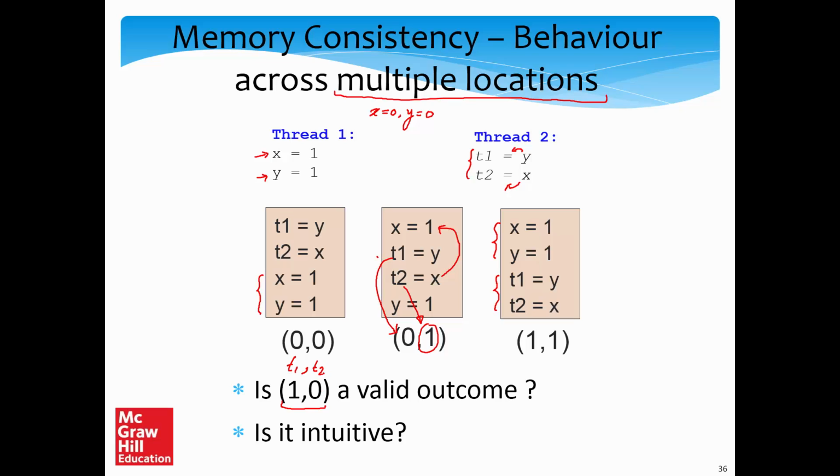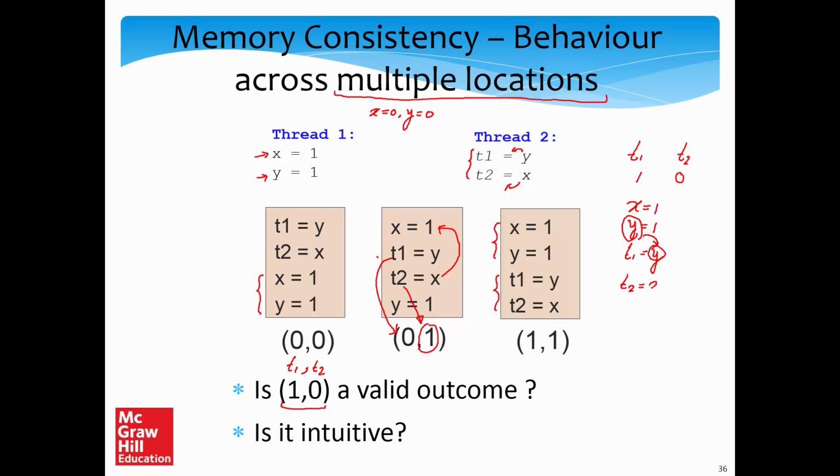So let's see, when I say that t1 and t2 are 1 and 0, what does it mean? It means that t1 has read y to be equal to 1. So definitely the ordering has to be x is 1, then y is 1, and then t1 is y. So t1 gets the value of 1 and then t2 is x.